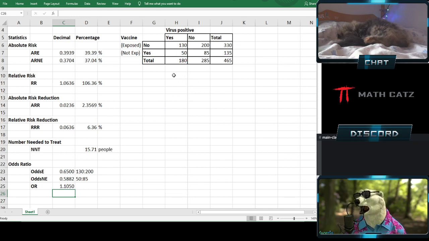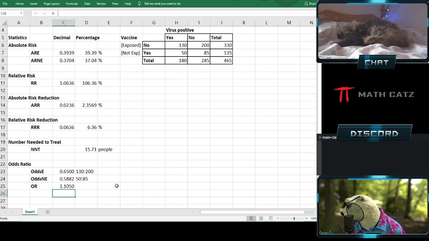I say sort of regardless, assuming everyone can get the vaccine. 6.36% increase is relative to the base, right? Don't get confused between the absolute risk reduction and the relative risk reduction. Regardless, it's a small percentage, right?